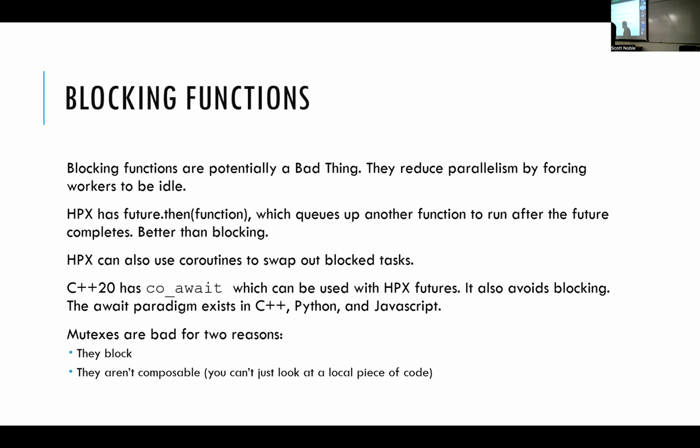Because the future's then is in fact better, it's true, because I could just as well block, wait, yield my time, and come back once. Yes, you're right. Your overheads will be different though, right? So if you use the then function, you should encounter fewer overheads than if you use get and you count on the task switching to happen. Okay, thank you.